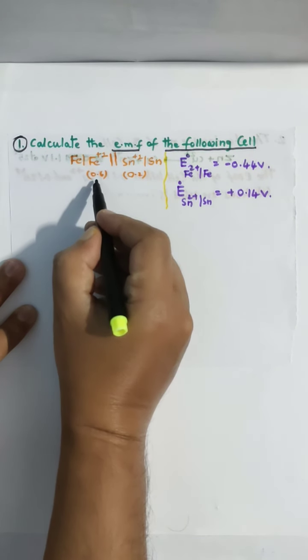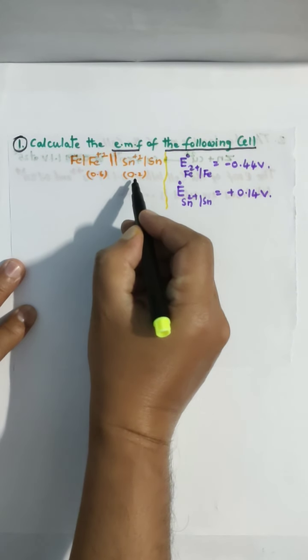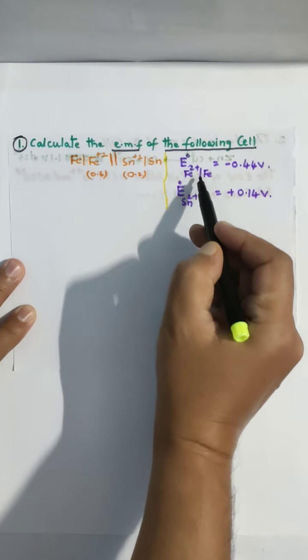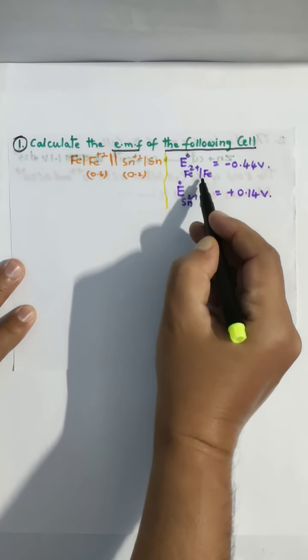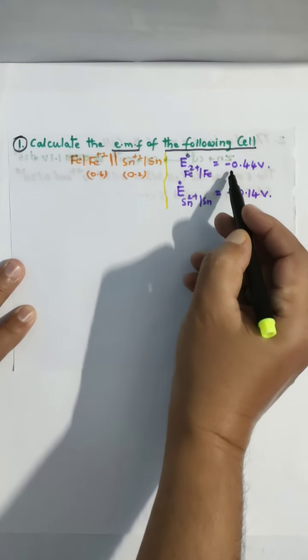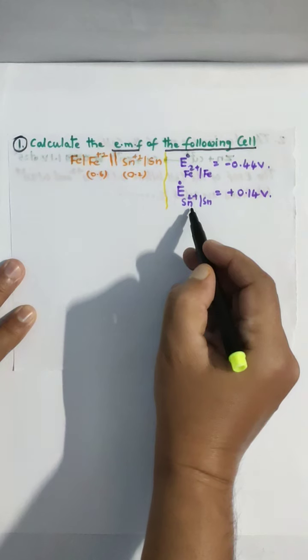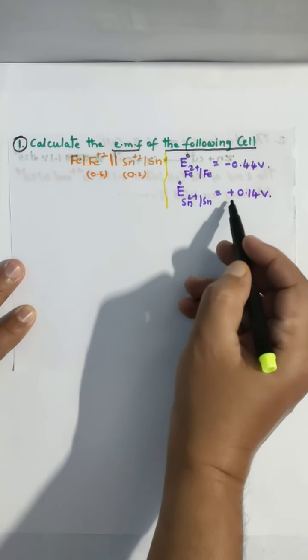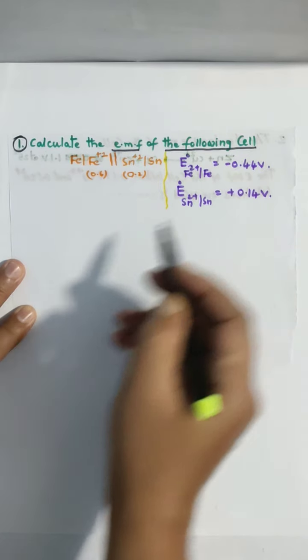Iron solution concentration is 0.6 molar, tin solution concentration is 0.2 molar. E naught of iron 2 plus/iron is given as minus 0.44 volt. E naught of tin 2 plus/tin is given as plus 0.14 volt.